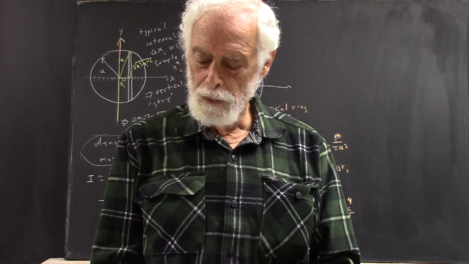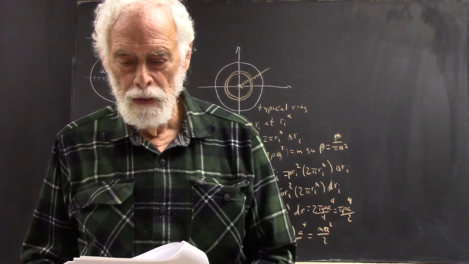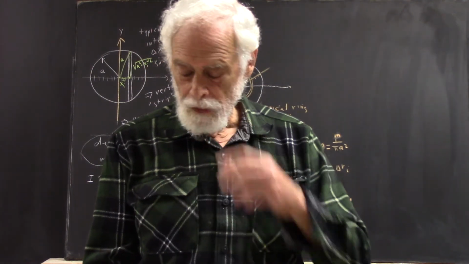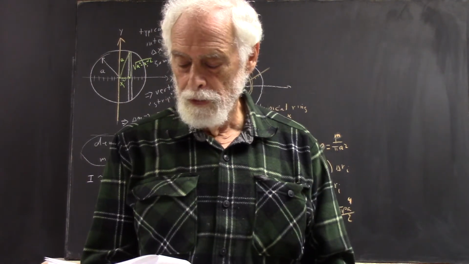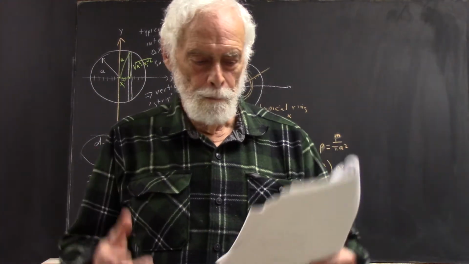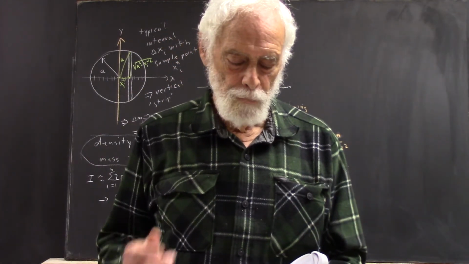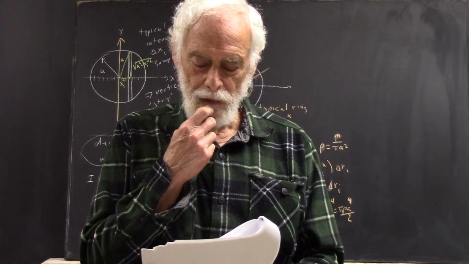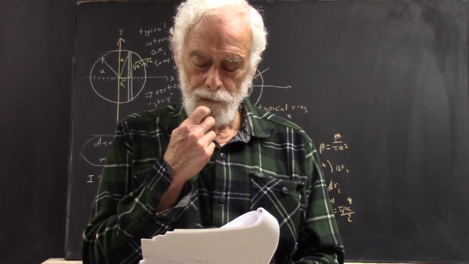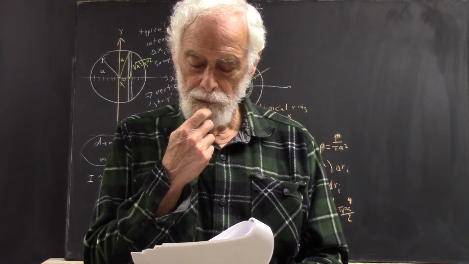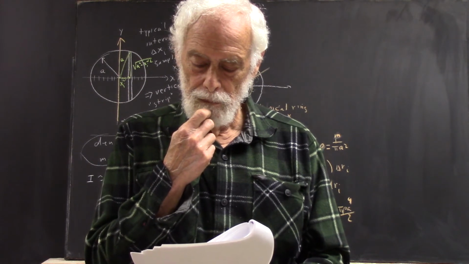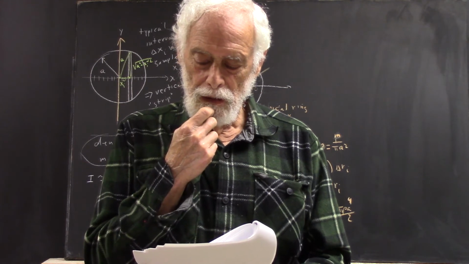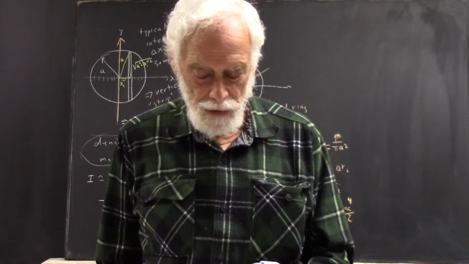Here's one on the moment of inertia, number 53. It's probably, I guess it's still in 12.6. Rectangular homogeneous lamina, H by L. You got a moment of inertia about the y-axis, and it's an axis through the center of mass.